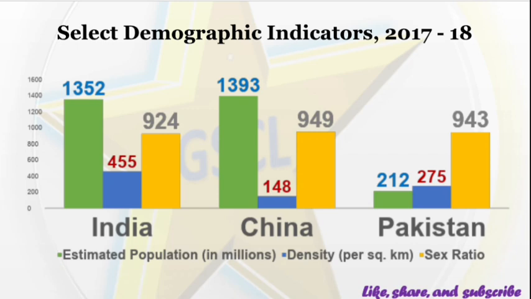In India at that time it was 924 females per 1000 males, 949 females per 1000 males in China and 943 in Pakistan per 1,000 males. It could be noted that all the three countries were not doing well in terms of sex ratio.